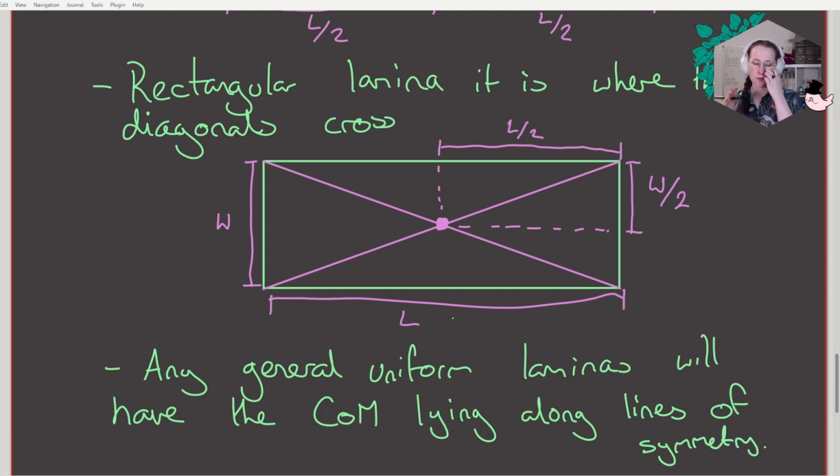So in this shape, the lines of symmetry are the perpendicular vertical and horizontal cross. And it lies along both of those lines, specifically at the intersection of those lines.